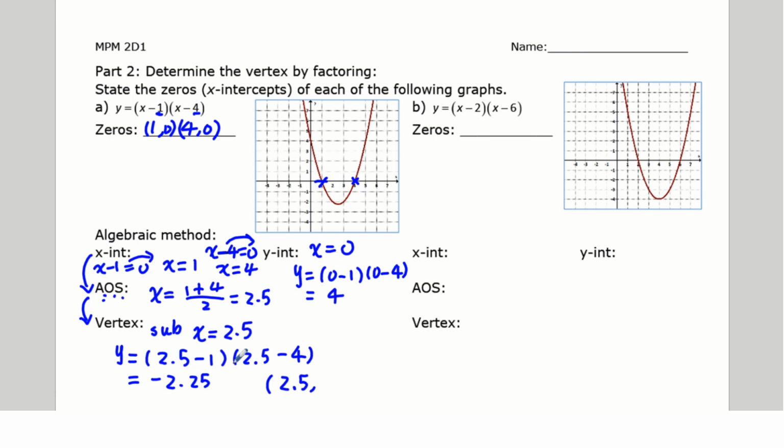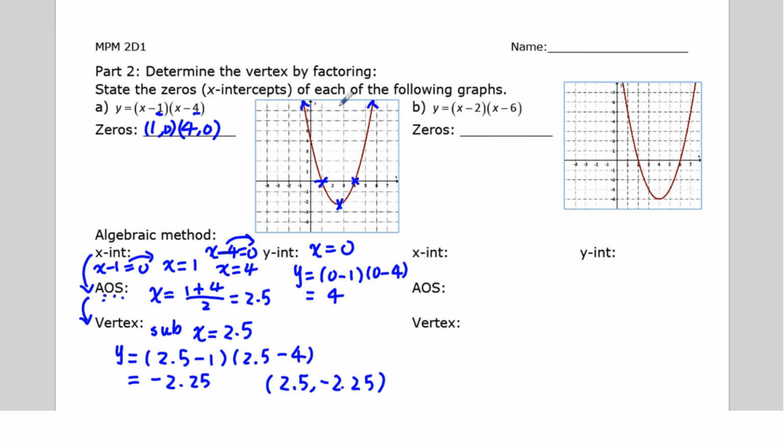Then combine these two, x value and y coordinate, you found that is the xy coordinate for a vertex. And on the graph, it is 2.5 and negative 2.25. So this one is a graph of this function.